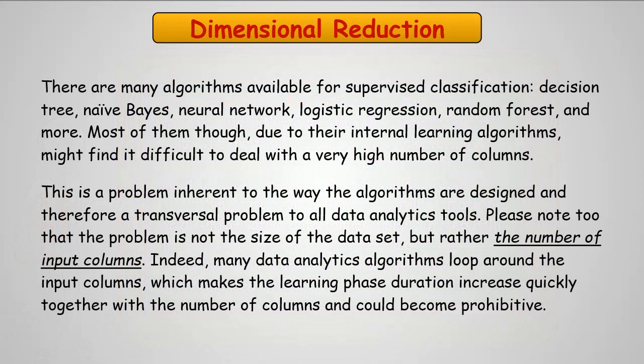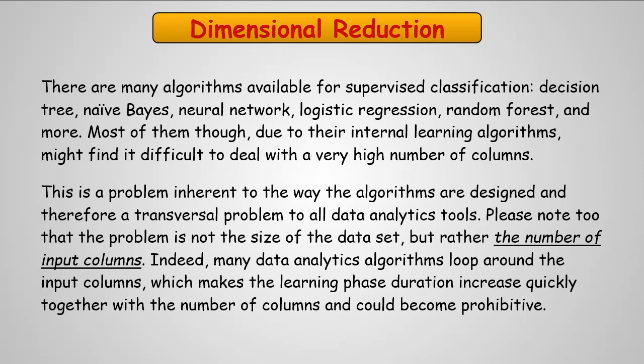In the data mining section, you're going to see there are many algorithms that I'm going to be teaching you, from decision trees, naive Bayes, neural networks, logistic regression, random forests, and more. And most of them, due to their heavy internal learning algorithms, find it very difficult to deal with a large number of columns.